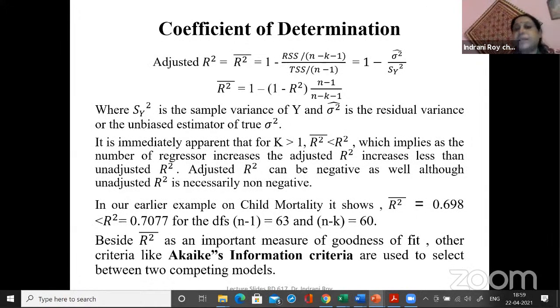But at the same time, if you just keep this constant for the time being and just see this fraction: if the number of explanatory variables increases, then what happens to your denominator? K is your number of explanatory variables. Suppose your number of explanatory variables was 3, so it is n minus 4, right? 3 minus 1, n minus 4.